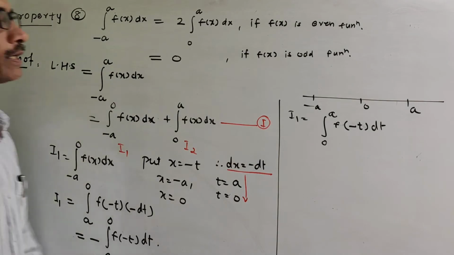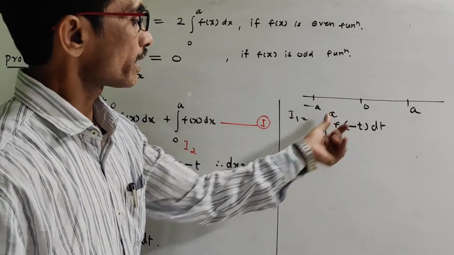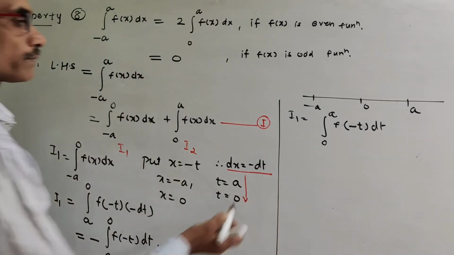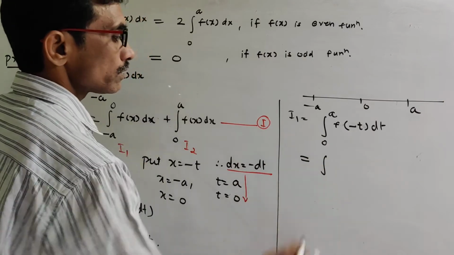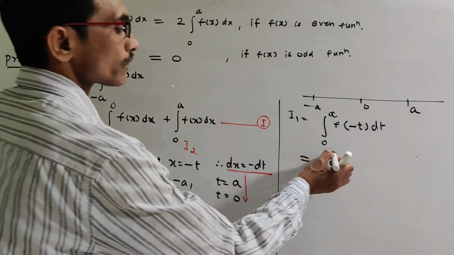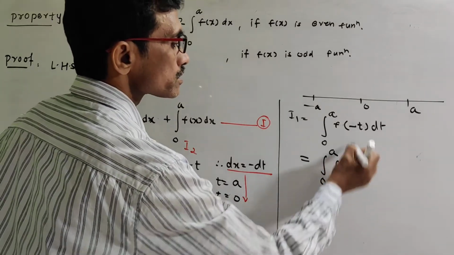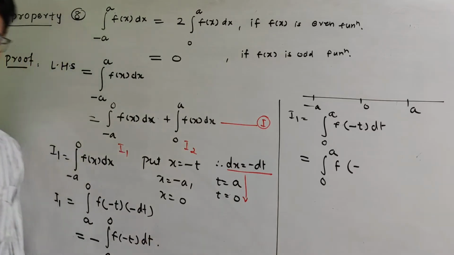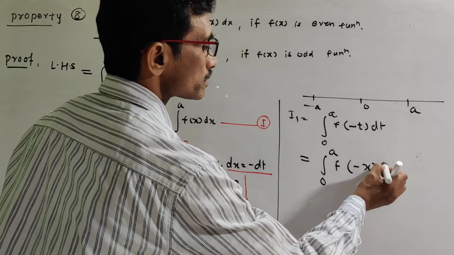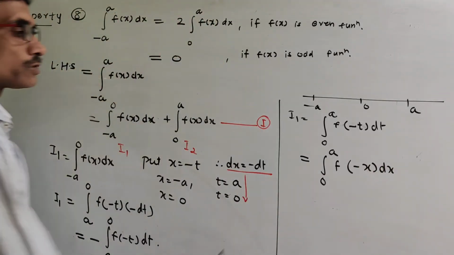Now we have the property that the variable of integration is not important for a definite integral. So we change the t variable to x variable, as we required the x variable. So 0 to a f of minus x dx. Now this is I1.